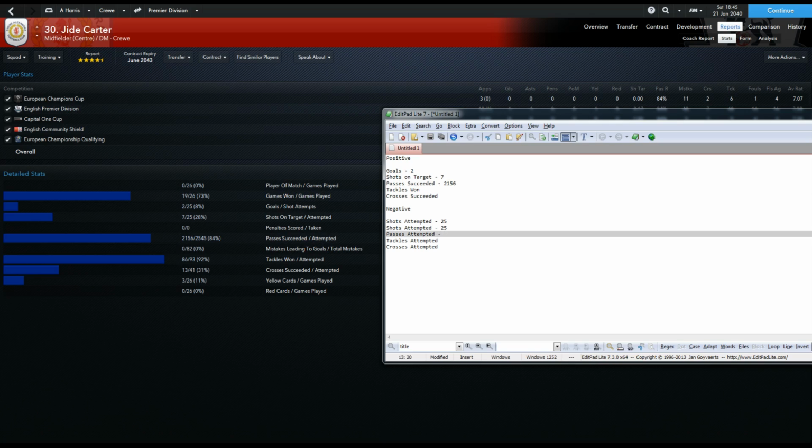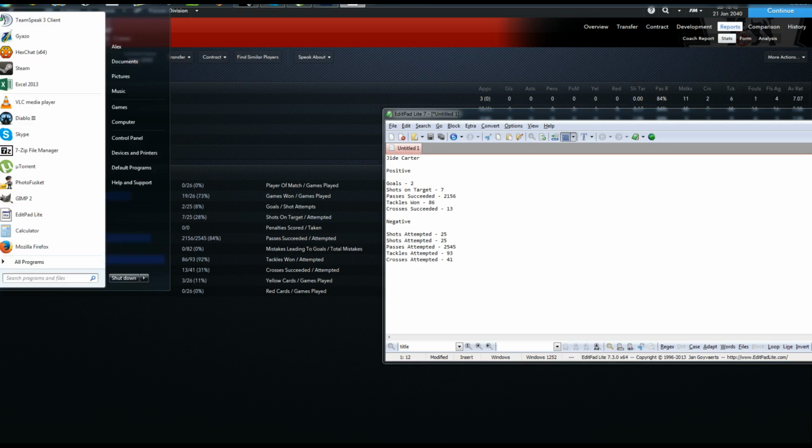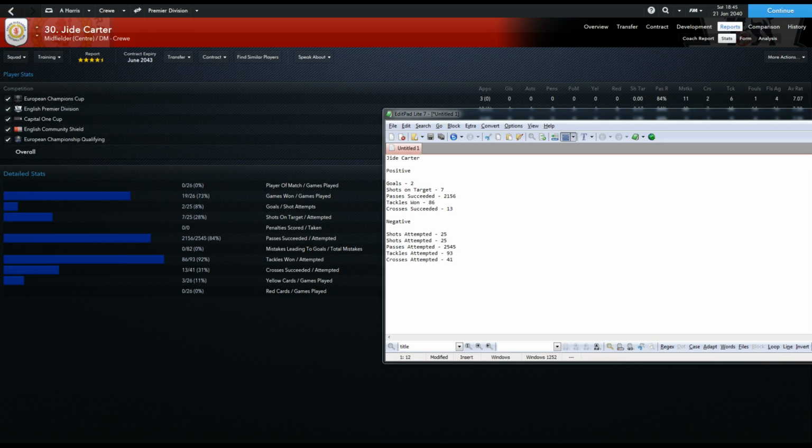Passes attempted, 25.45. Tackles won, 86. Tackles attempted, 93. Crosses succeeded, 13. Crosses attempted, 41. I'm just going to put the guy's name at the top as well. So it's Jide Carter.